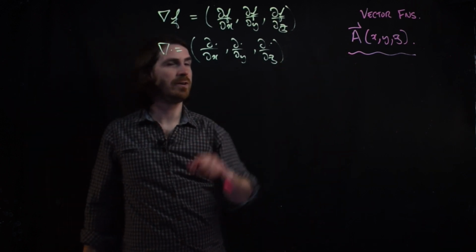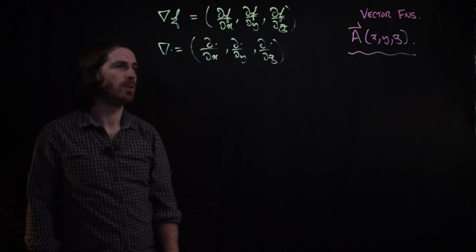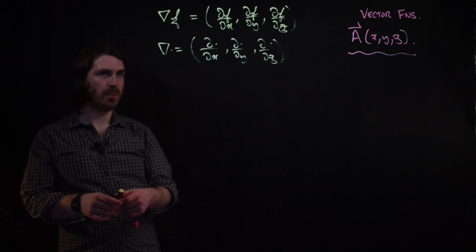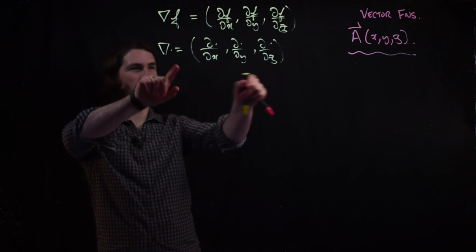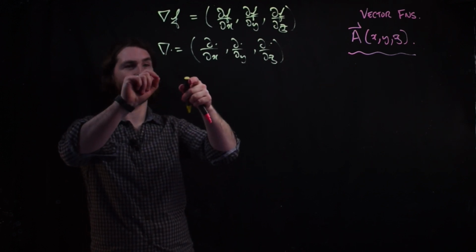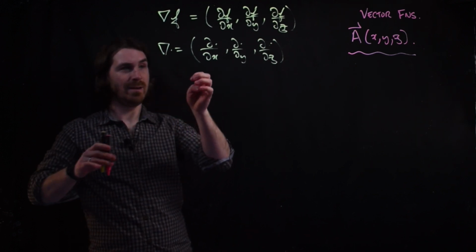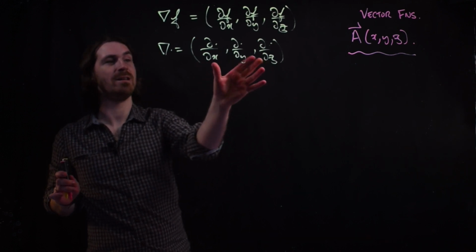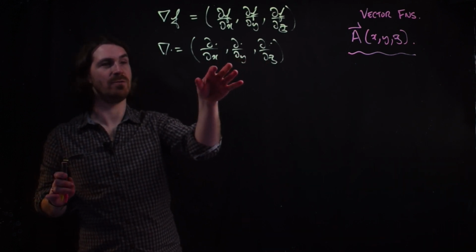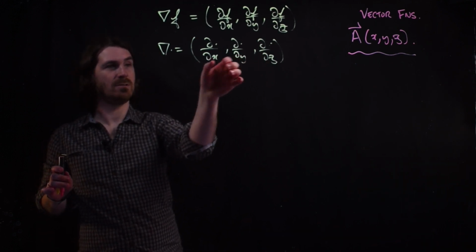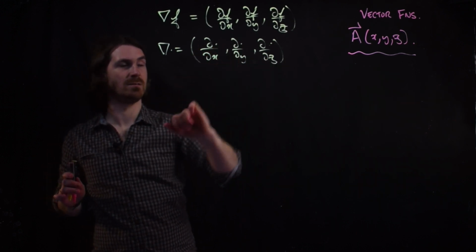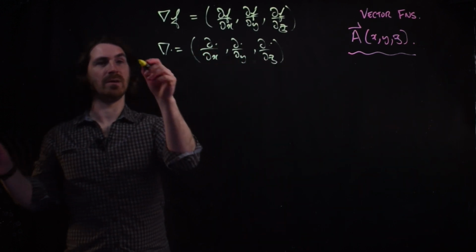Can it act on vector functions? Let's see. One thing to notice, this nabla operator is a vector field itself. For every x, y, and z point, it gives you a different vector. So this vector depends on x, y, and z. So this is a vector field.